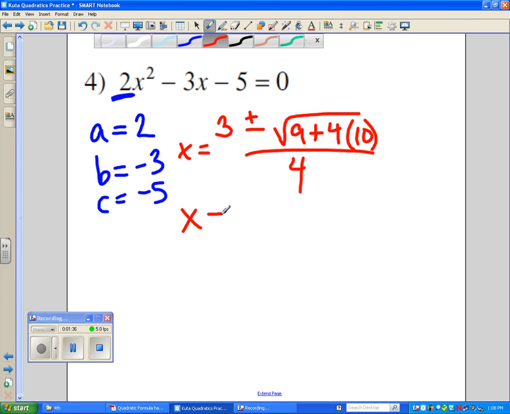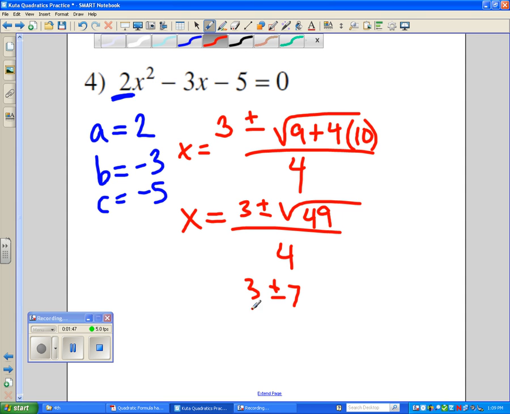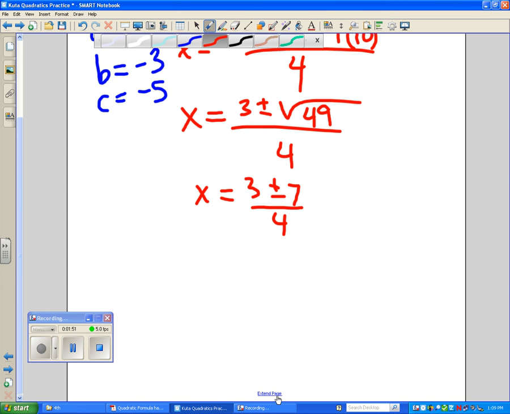This becomes x equals 3 plus or minus the square root of 9 plus 40, which is 49, all divided by 4. This 49 becomes 7. We have 3 plus or minus this. X equal to that. Change the colors. And then this gets split apart into the plus and then the negative.